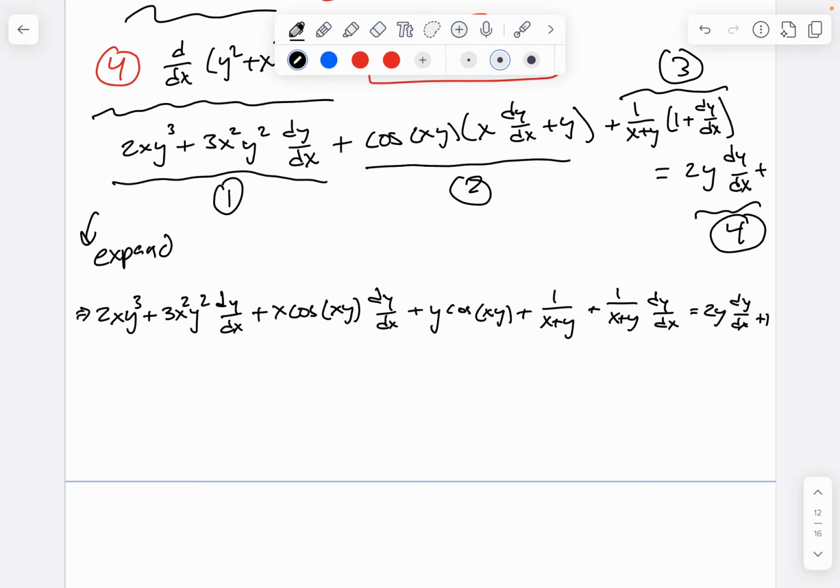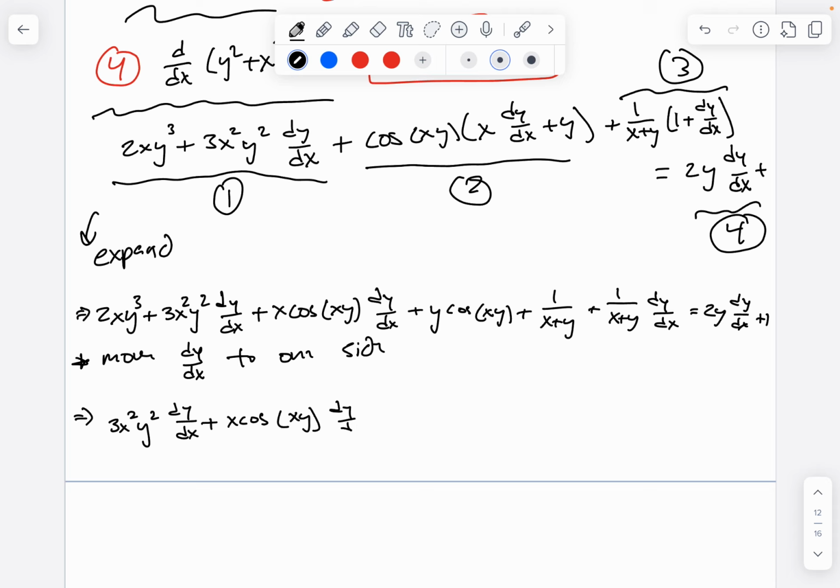What that ends up looking like: we have 3x squared y squared dy dx plus x cosine of xy dy dx plus 1 over x plus y dy dx minus 2y dy dx is equal to 1 minus 2xy cubed minus y cosine xy minus 1 over x plus y.